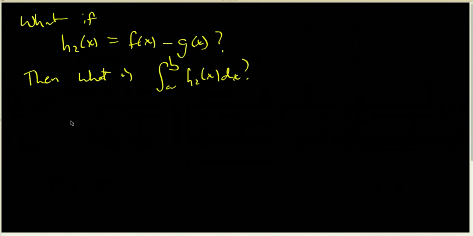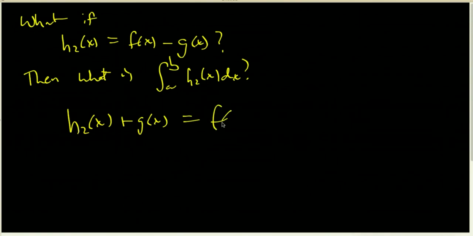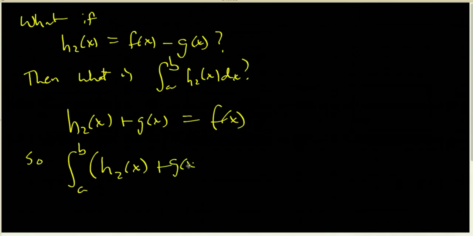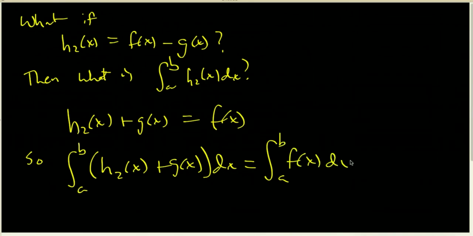So I want to notice that h2 of x plus g of x is equal to f of x. And using our first fact, that says the integral from a to b of h2 of x plus g of x dx is going to be equal to the definite integral from a to b of f of x dx.